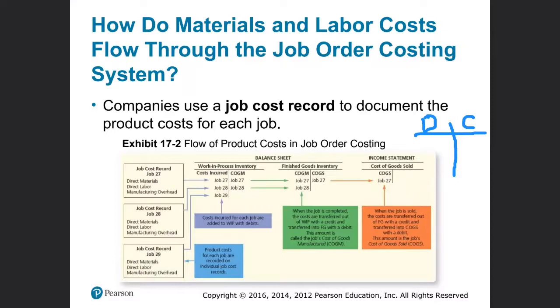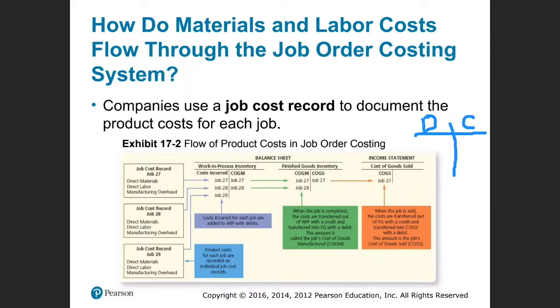For job 29, would they not have incurred any cost of goods manufactured and credit? Yeah, because all these jobs are at different stages as well. So job 27, we took it all the way through to sold.